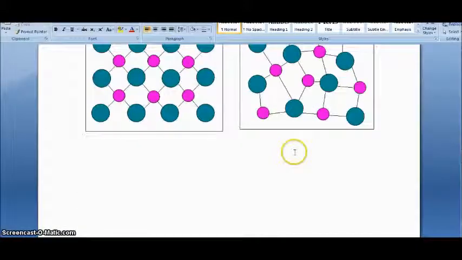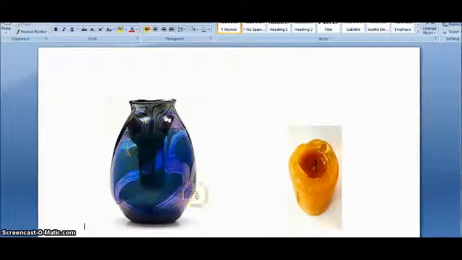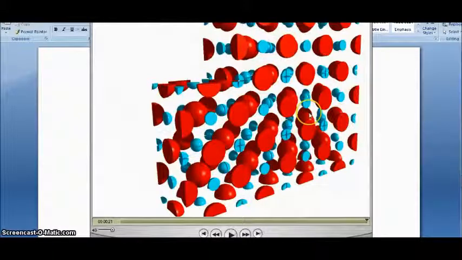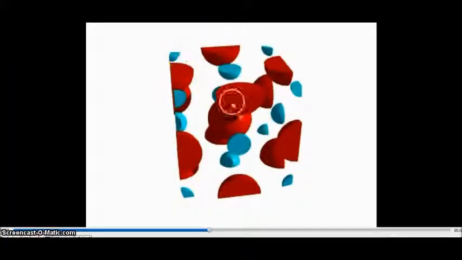You can identify real life examples where we use crystals and where we use amorphous solids. And you know the definition of the unit cell, the importance of the unit cell in a crystal structure, and after watching this video you can define the coordination number. So this is for today's chapter.